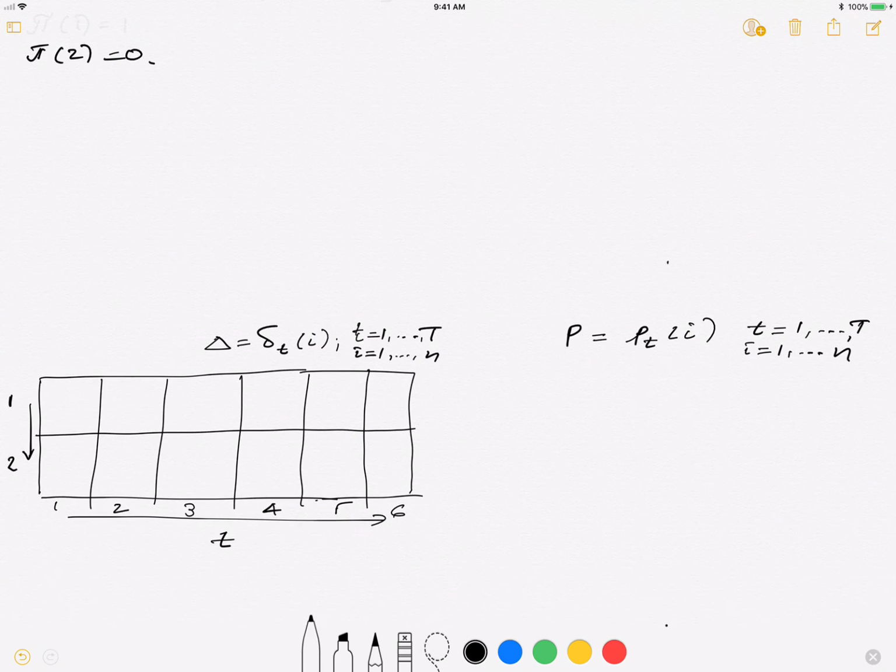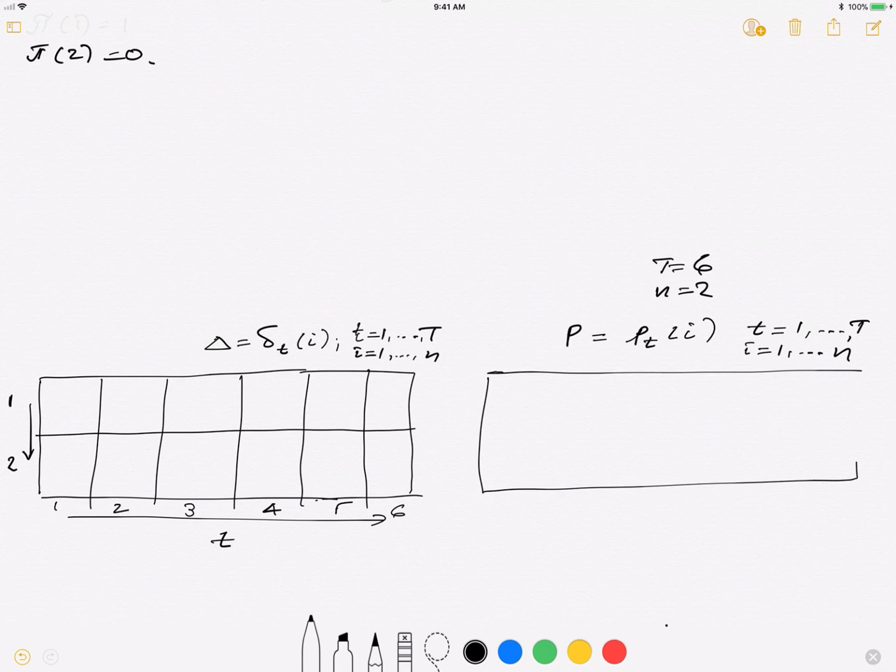Again, t can be from 1 to T, and state can go from 1 to N. And here, as we know, T is 6 times, and N is 2 states. So here I will start placing my ψ's. I have 2 rows for i, and I have 6 columns for t's.